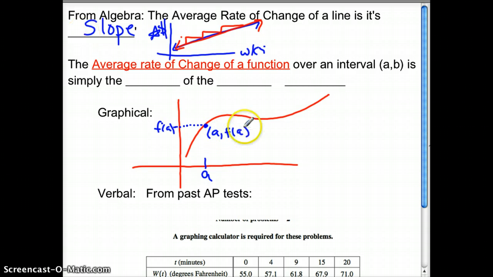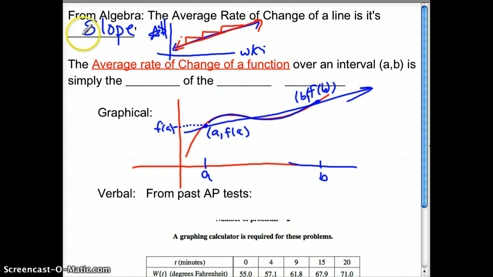And then maybe over here we call that some B, comma, f of B. I know it's going up faster here and then it dips down and ends up over here. It's kind of like if you're driving your car, your average speed. It's the slope of the line connecting the two, which is called our secant line. The slope of the secant line gives us our average rate of change over that interval.